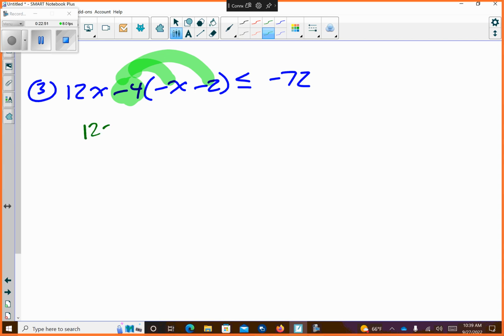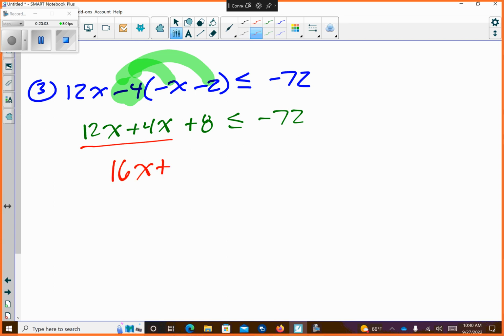All right, so this is my first step. Do you agree with my first step, my friends? My second step is combining those. Oop, that's supposed to be an 8. Do you feel comfortable so far with what I've done?